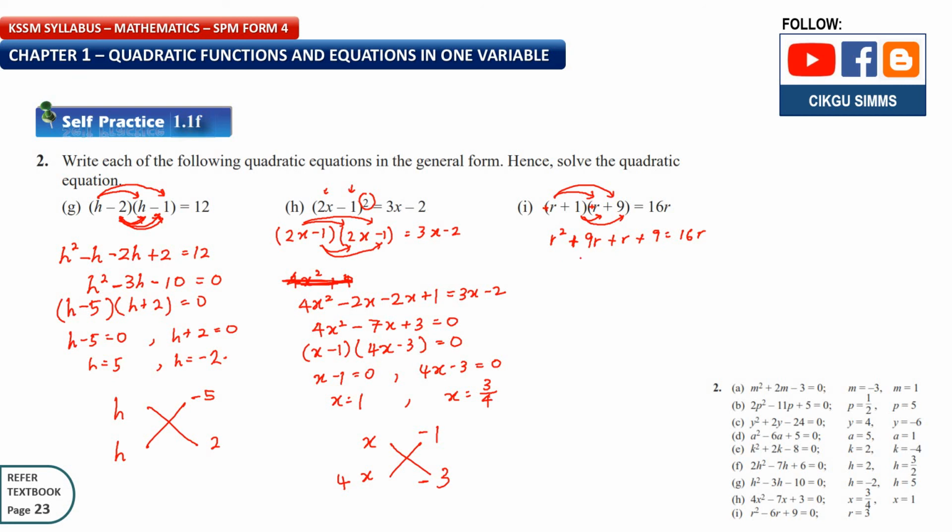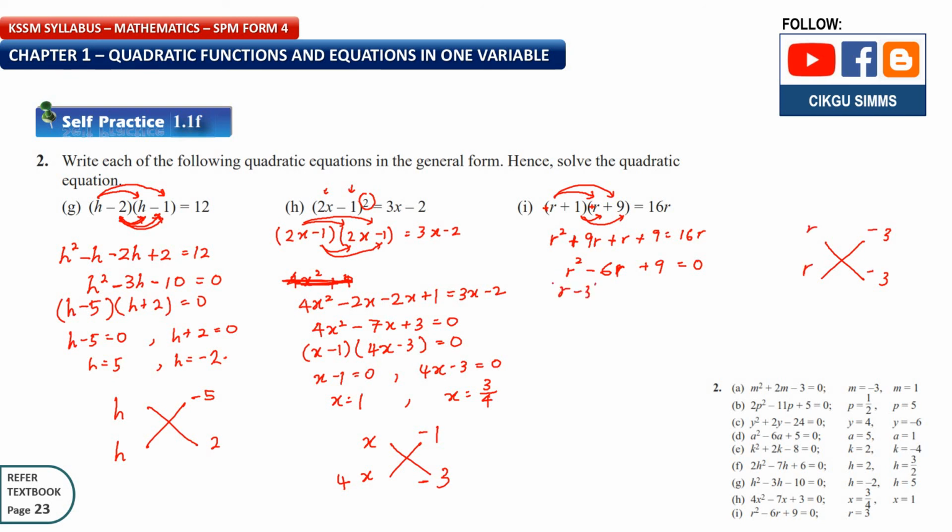And then you solve it. You rearrange first. r squared. 9 plus 1, you get 10. Minus 16, you get minus 6. Plus 9 equals 0. Now it's easy because 3, 3, you get 6, and then minus, minus.